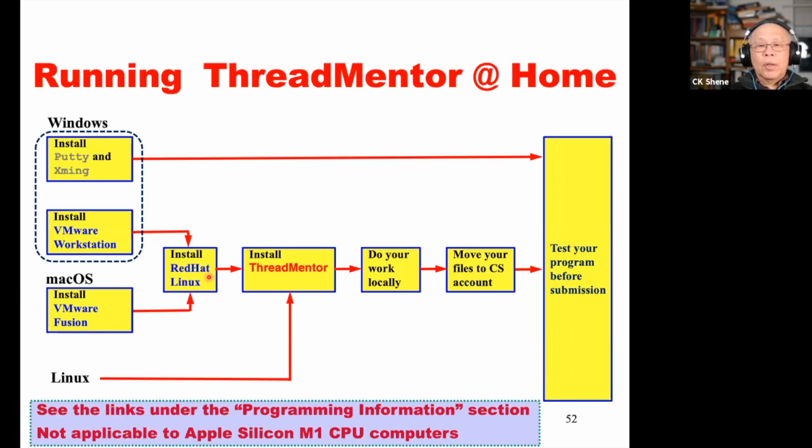So this is the way I recommend you to do your homework at home, your programming assignment at home from programming number 3, 4, 5, and 6. And always test your program before submission. So I think this is the slide for lecture 2.